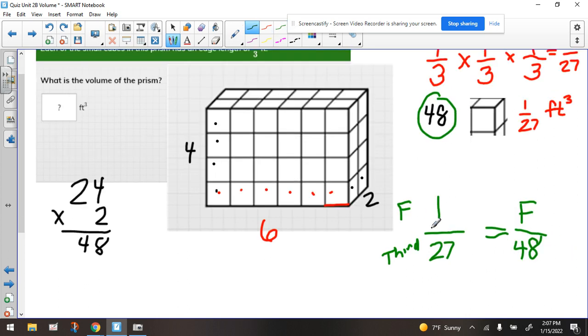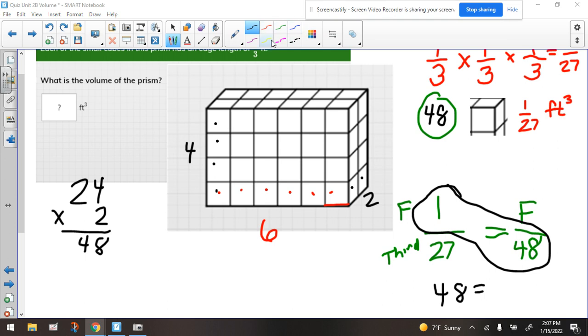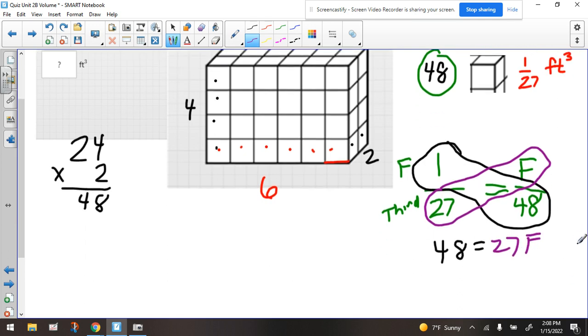Now, if we use this approach, we might proceed with using cross products. 1 times 48 would be equal to 48. And then this other cross product going the other way, I'll highlight that in purple, would be this being multiplied with that, which is 27 times f. And now we have an equation where we can think about what we would do to solve it.